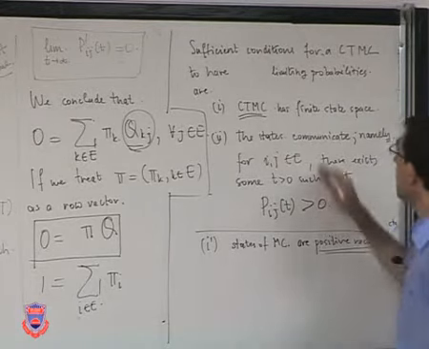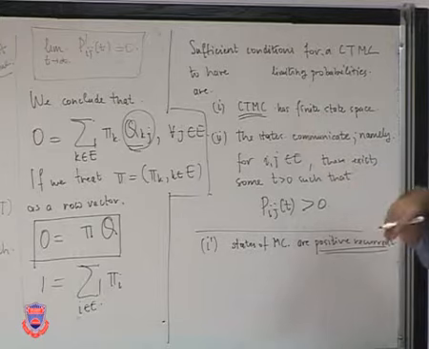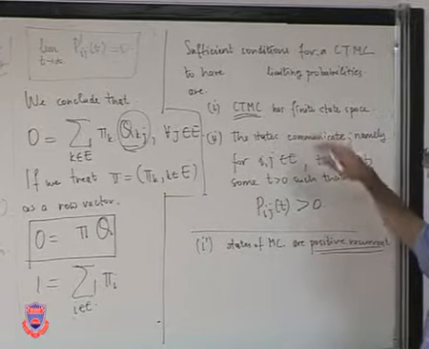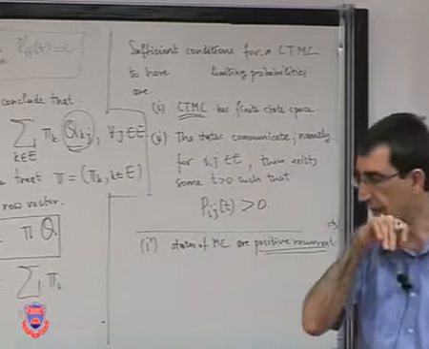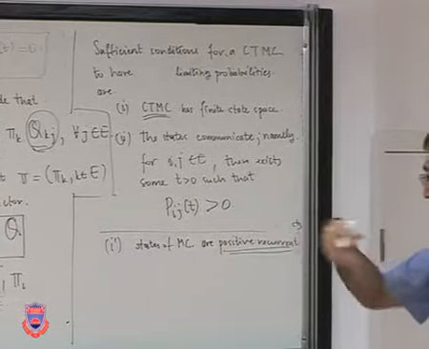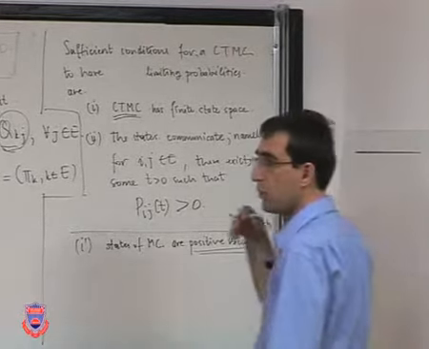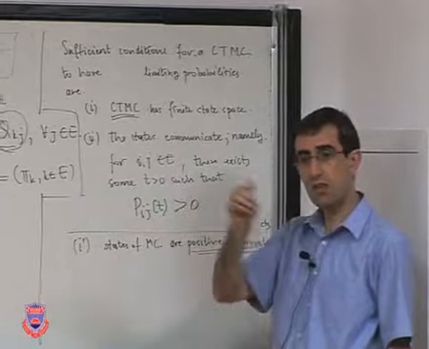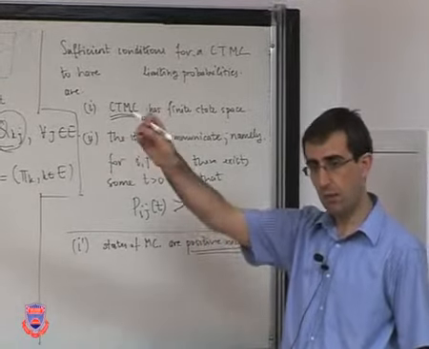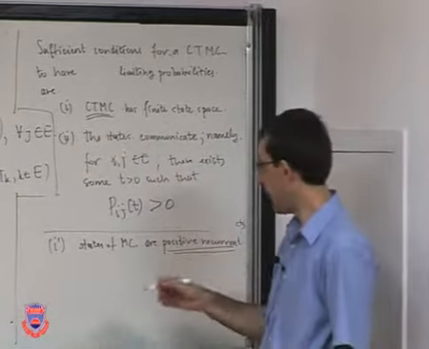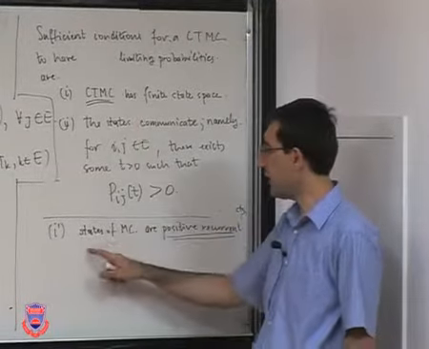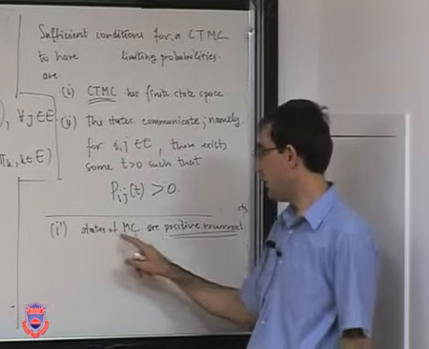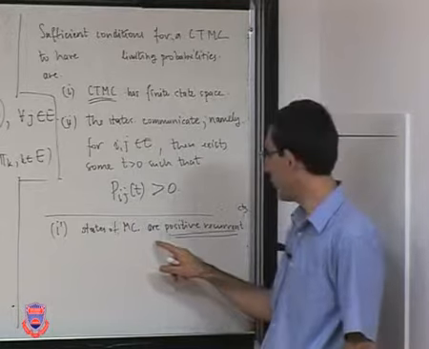But if the chain does not have a finite number of states, it may actually just go and get absorbed along an infinite sequence of states without ever coming back. So that can happen. Against that, this is the protective or sufficient condition that we would want to check.